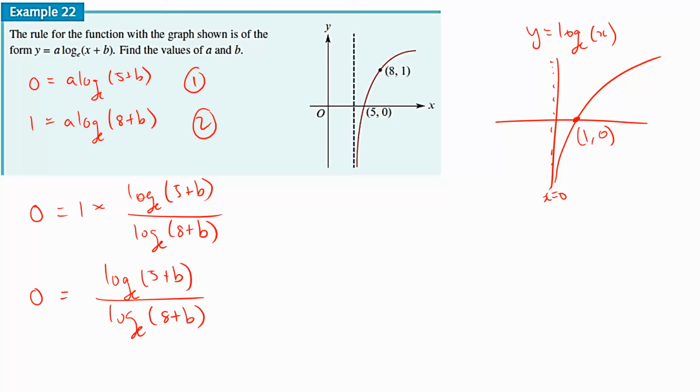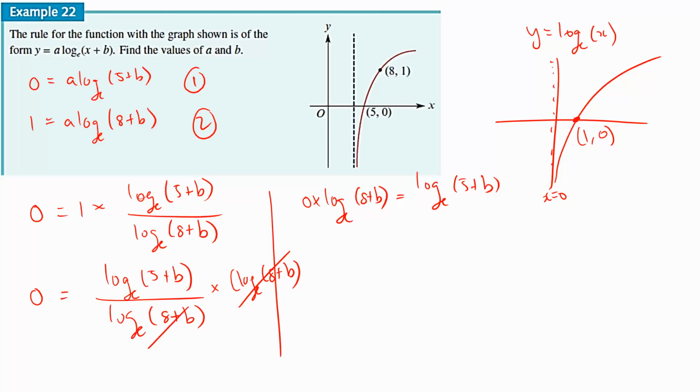Okay, so here, if we do that, you now got 0 times log E of 8 plus B is equal to log E of 5 plus B. Because when you multiply both sides by log E of 8 plus B, they cancel out to be 1. Now, what do you do from here then?